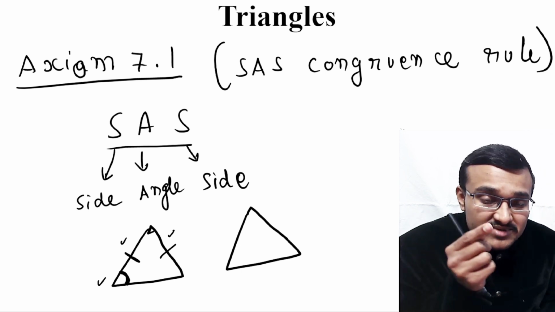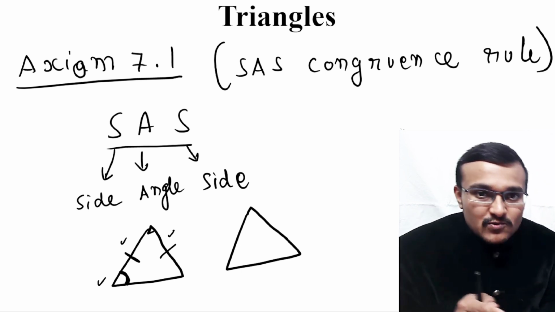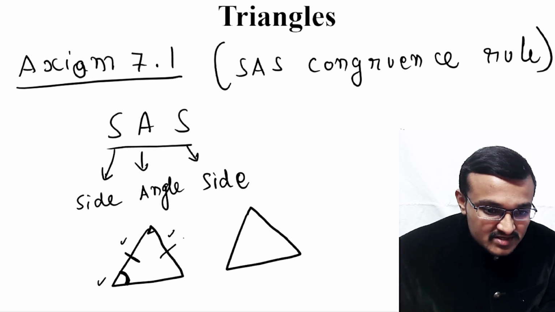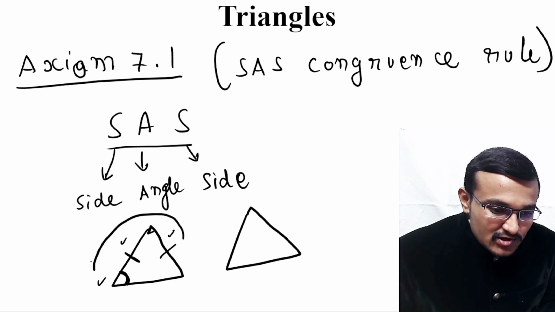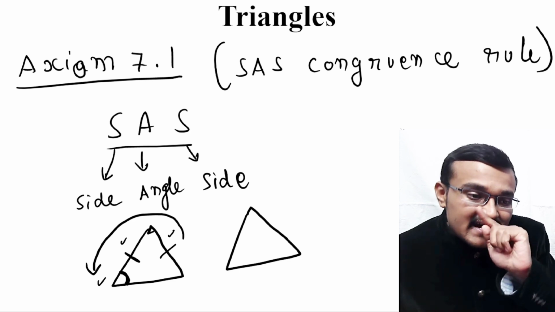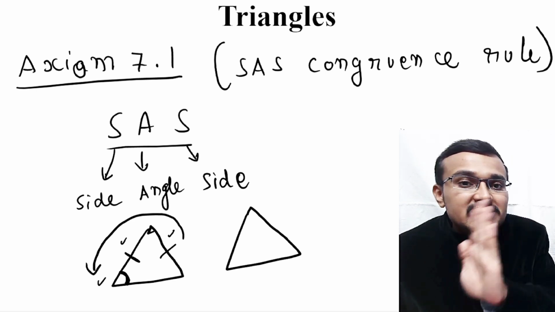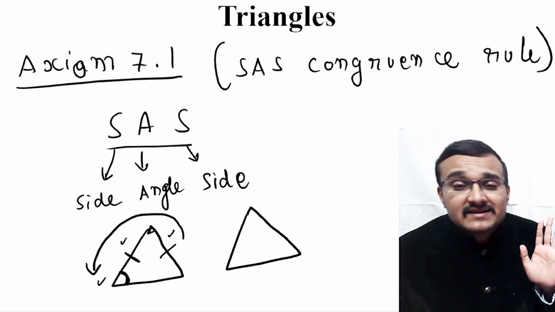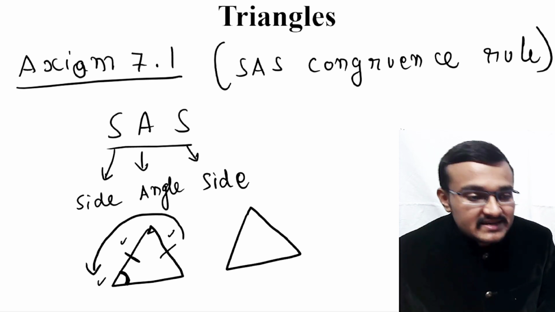So always remember that you should go anti-clockwise. So whenever you go anti-clockwise like this in a triangle, then side, angle, side should be equal in both the triangles. Then you can say these two triangles are congruent with each other.